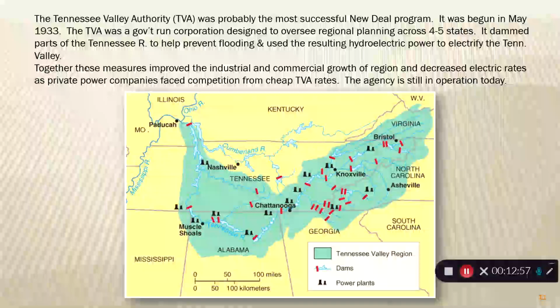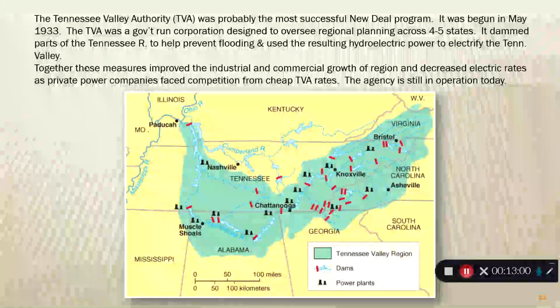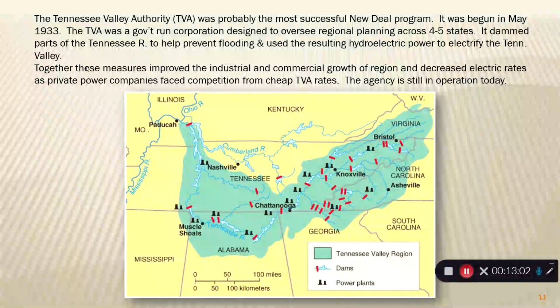And so this is a great example of the federal government saying there are hundreds of thousands of people that live in this part of America that do not have electricity. If we can provide reliable electricity along with protection from flooding, it means that this area can be commercially viable.